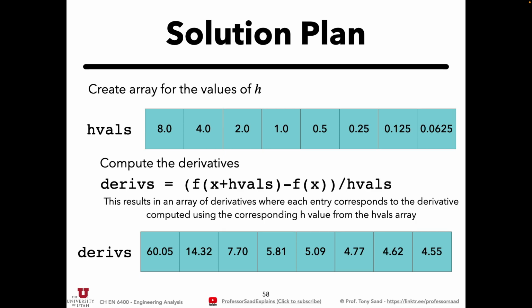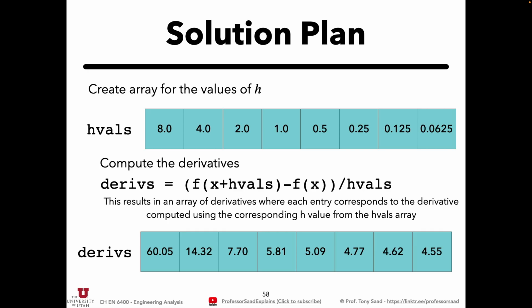So this is the derivatives array. It's of the same size as the array that contained the h values, because for each h value, there's an approximation to the derivative. At h equal 8, there's a value, 60.05. This is done for a different function, not the one we were working with in the code, but just to illustrate the idea for you.